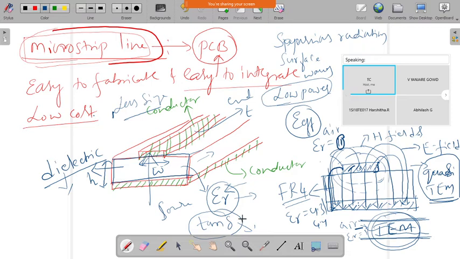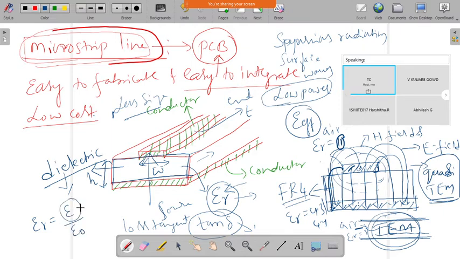The tan delta is nothing but the loss tangent. This loss tangent tells us how much loss is there in the particular dielectric material. Also, epsilon can be found from epsilon r times epsilon naught.